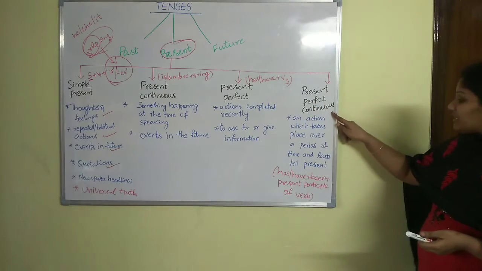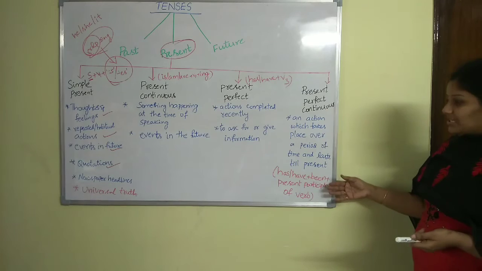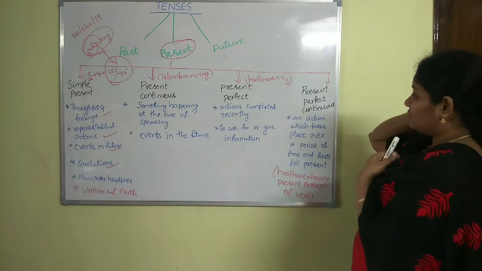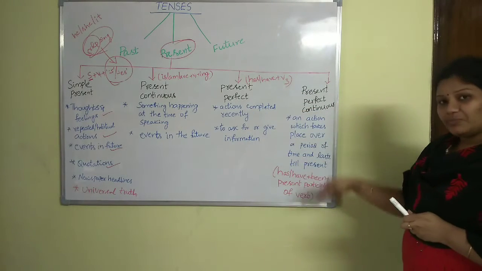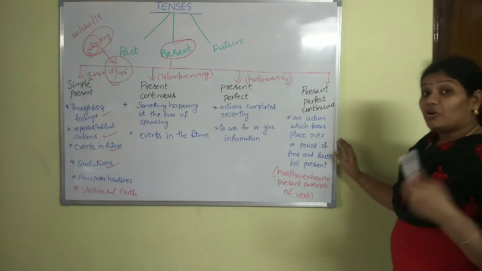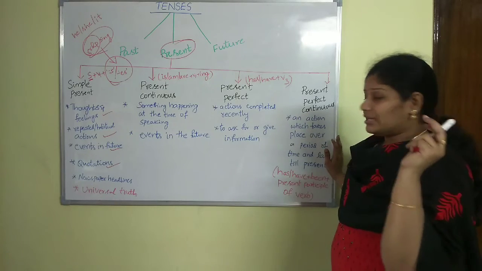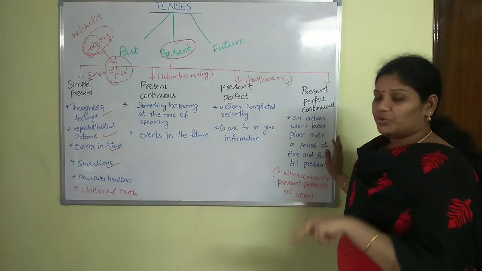Coming to present perfect continuous tense, as the space didn't allow me, I wrote it here. Please have a look. Has or have. Again, as I told you in the case of present perfect, it's a choice based on the subject. If it is singular, has. If it is plural, have. Though I is singular, it always takes a plural form only. You need to treat it as plural.